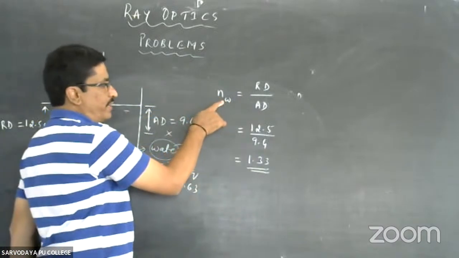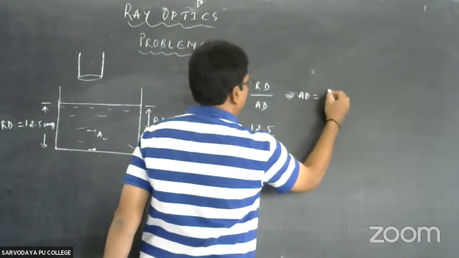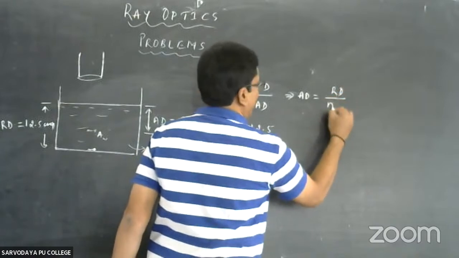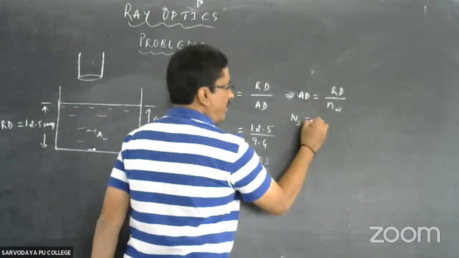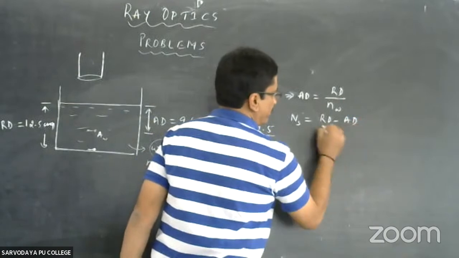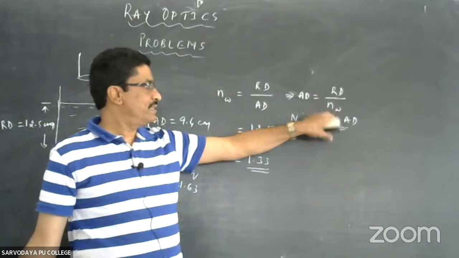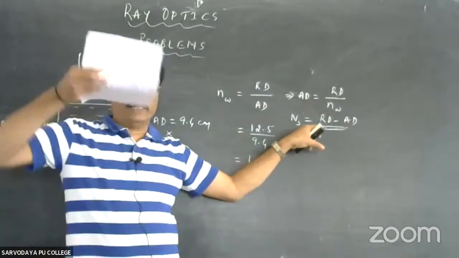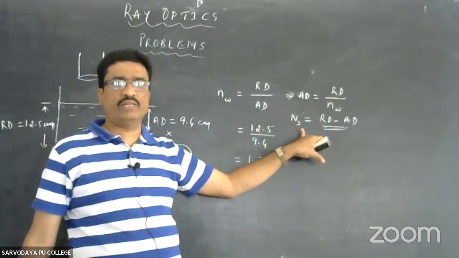Apparent depth will be equal to real depth by refractive index, and the normal shift will be equal to real depth minus apparent depth. Therefore, if the refractive index increases, apparent depth decreases, but the shift, that is the apparent shift in the position of the object, increases. This is the basic idea.